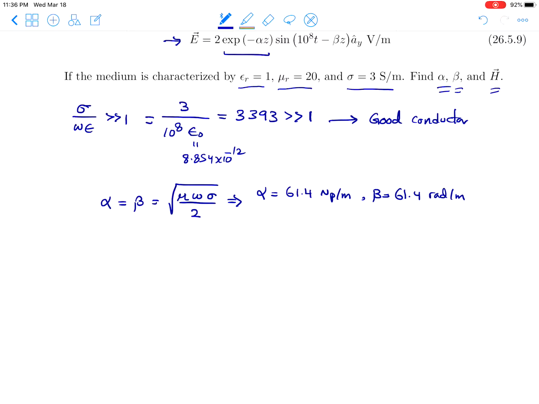So now let's find the magnetic field. We know for a good conductor, the magnitude of eta is the square root of omega mu divided by sigma, which is 800 pi divided by 3. The phase of that is pi over 4.